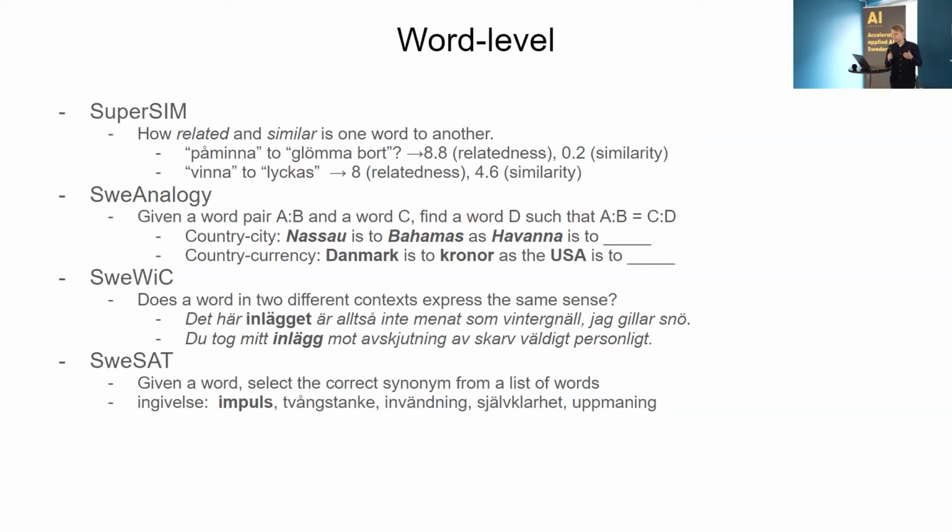One of these pairings is a country-city analogy. So Nassau, for example, is to Bahamas as Havana is to Cuba. Then the model has to accurately predict that this is Cuba. Or country to currency, so Denmark is to kroner as the USA is to dollars. So that's the SWE analogy test.